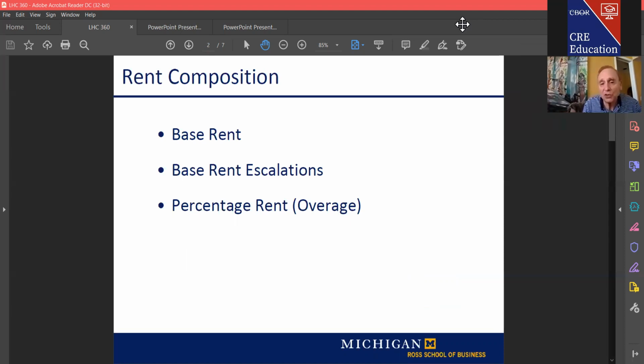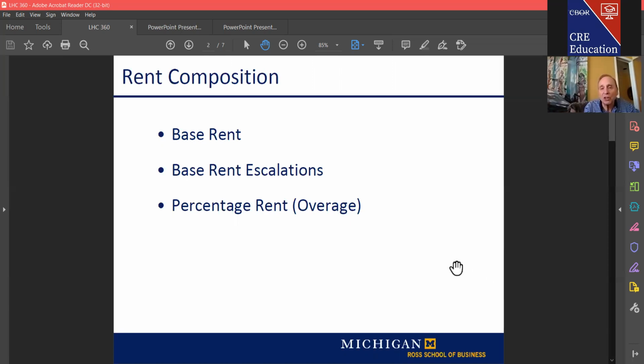Us office folks will see probably 50 cents a foot, or if we're doing deals with Bedrock, it'll be 3% instead of 50 cents. But this is also more related to retail, where that retail tenant pays the base rent. They pay their bumps every year, and then they pay a percentage of volume.